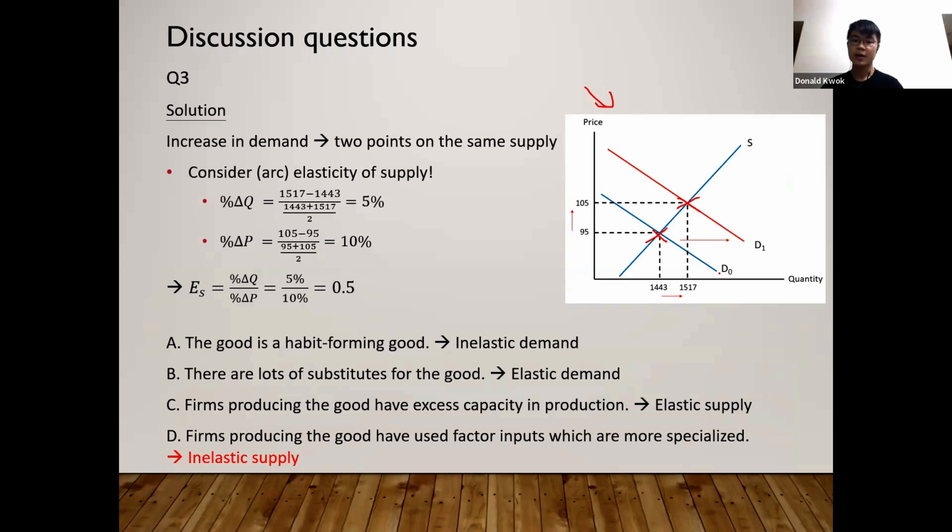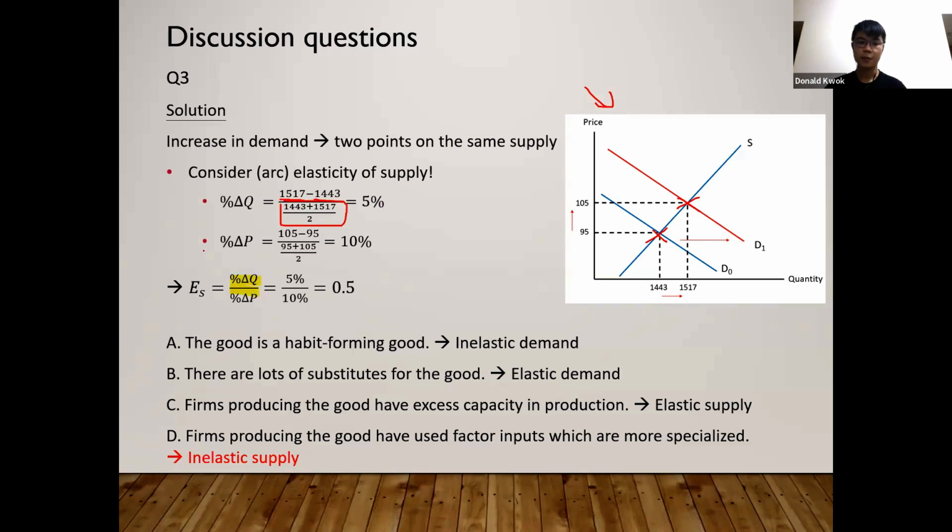So this is why we are using the midpoint formula to calculate the elasticity of supply, right? So this is the idea. And the elasticity can be calculated as percentage change in quantity divided by percentage change in price. For percentage change in quantity, it would be the new quantity minus the old quantity divided by the average between these two quantities. And we have the percentage change in quantity to be 5%.